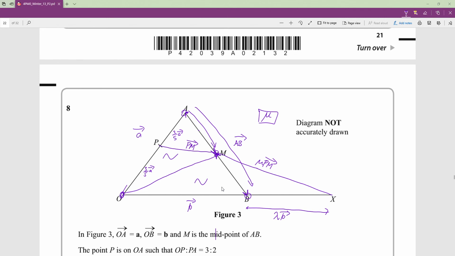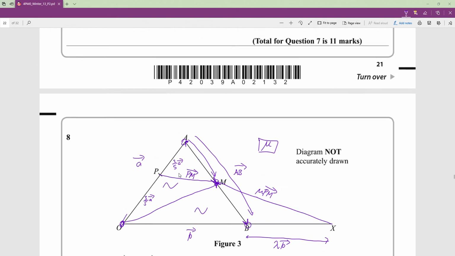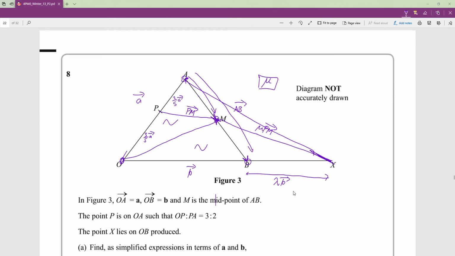Though I'm still quite confused about what else we could do. We're looking for OAX. This area here, this entire big triangle.